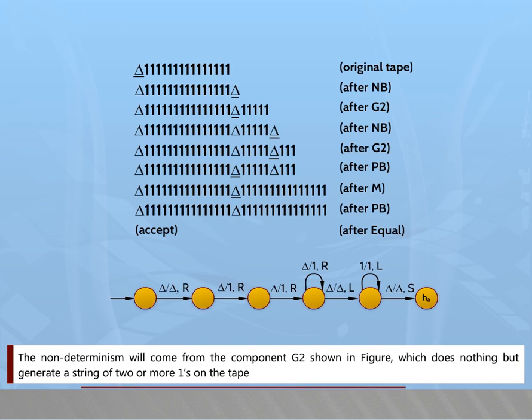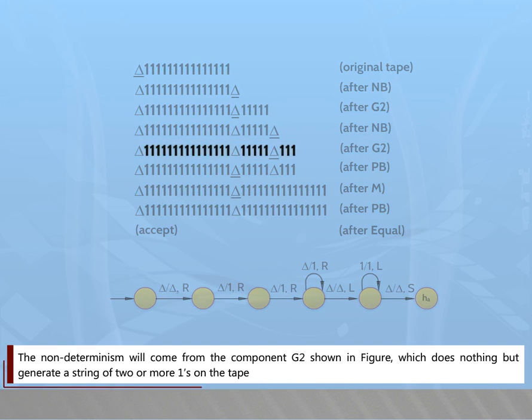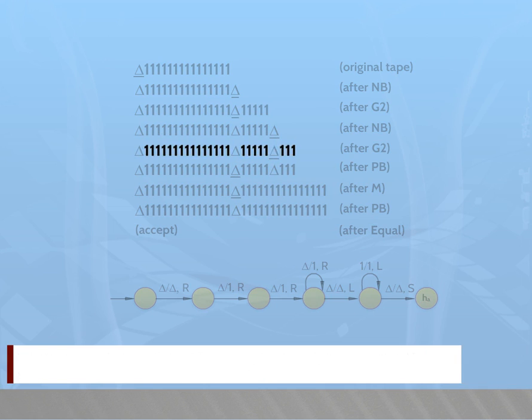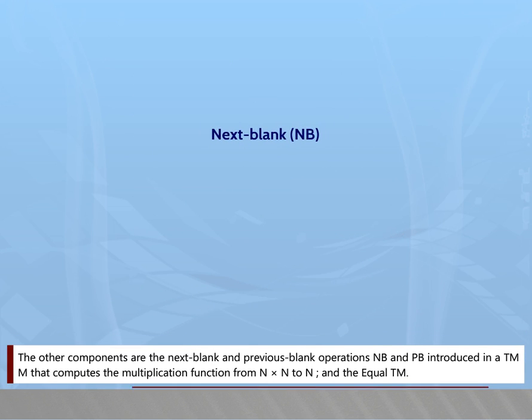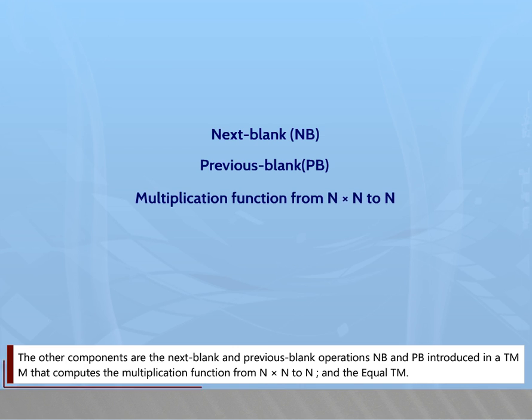The nondeterminism will come from the component G2 shown in the figure, which does nothing but generate a string of 2 or more ones on the tape. The other components are the next blank and previous blank operations, NB and PB, introduced earlier, a TM M that computes the multiplication function from N×N to N, and the equal TM.